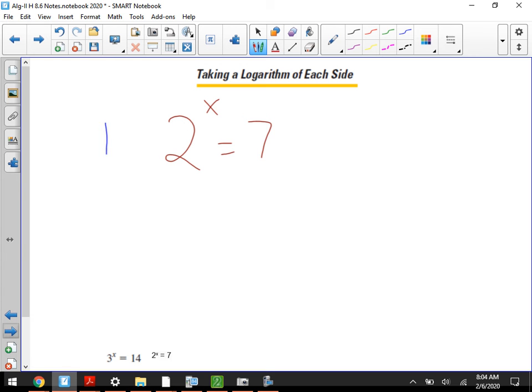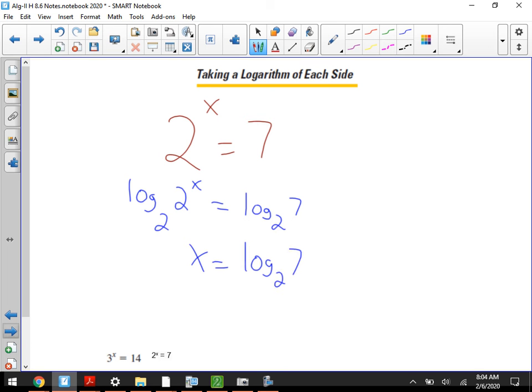So you would have log base 2 of 2 to the x has to equal log base 2 of 7. So what happens on the left-hand side? You just get x, don't you?